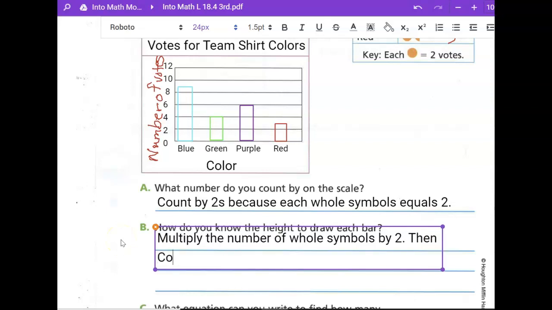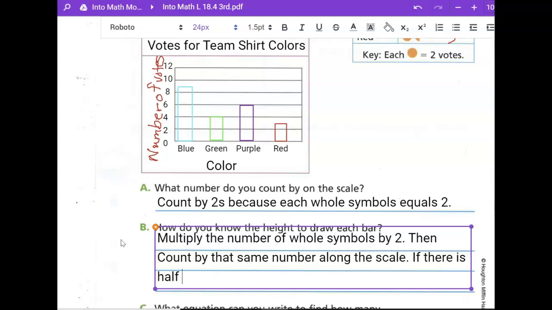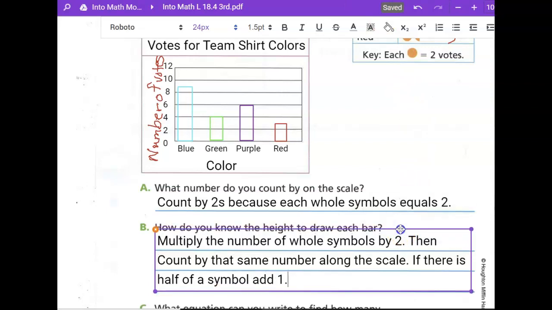Then count by that same number along the scale. If there is half of a symbol, add 1.